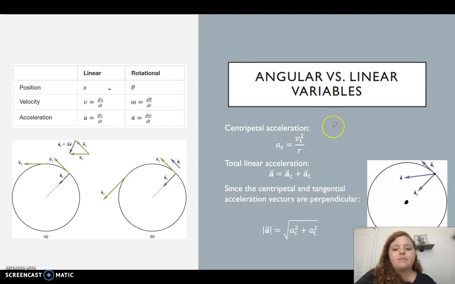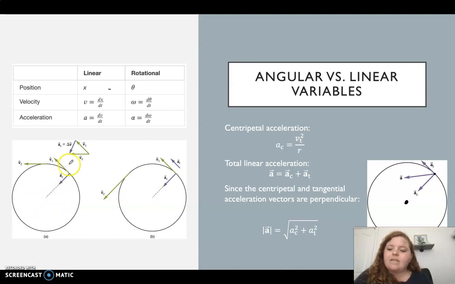I should describe centripetal acceleration a little more. It is equal to our tangential velocity squared divided by our radius. And here are a couple of other diagrams looking at our acceleration. We have our centripetal acceleration pointing inwards, again towards our axis of rotation.